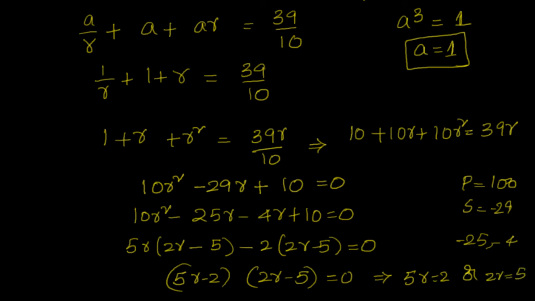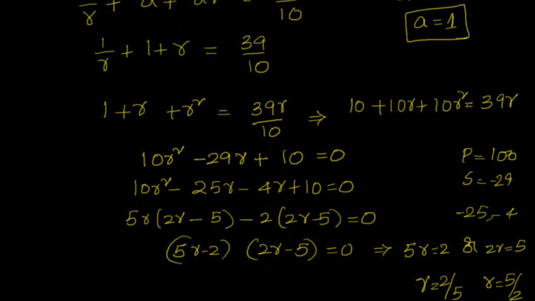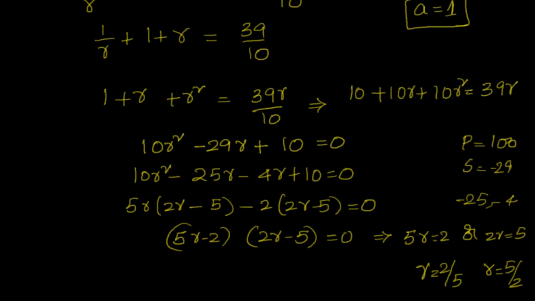Both of them are correct. So one will give me r equal to 2 by 5. The other one will give me r equal to 5 by 2. So we have to find out the numbers. We know the numbers are a by r, a and ar. So if I take r as 2 by 5, I will have 1 by 2 by 5, that will be 5 by 2.